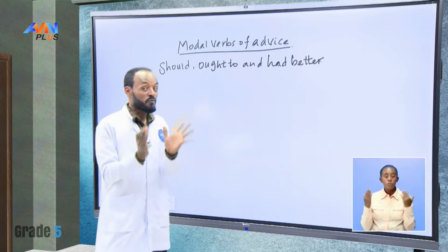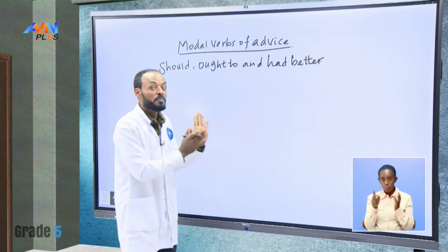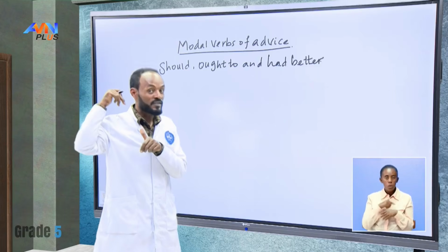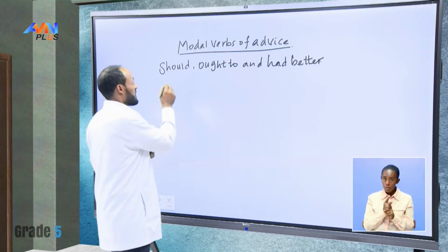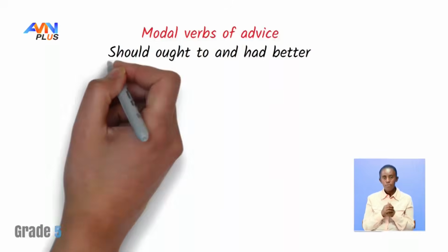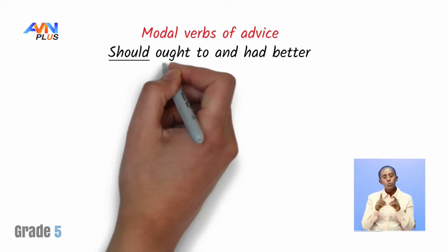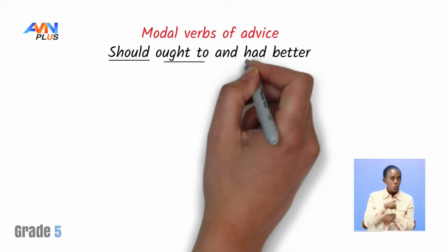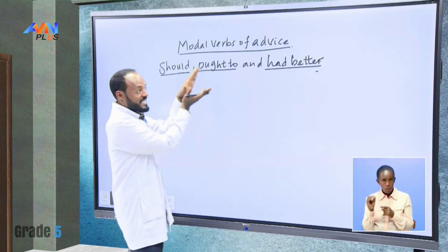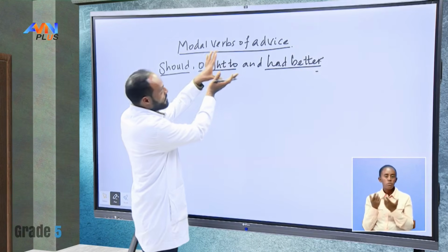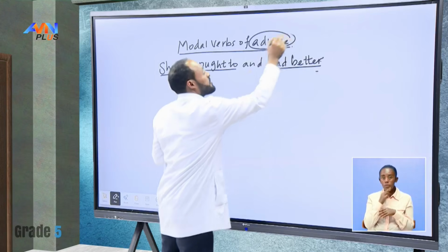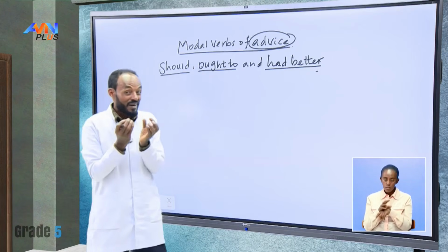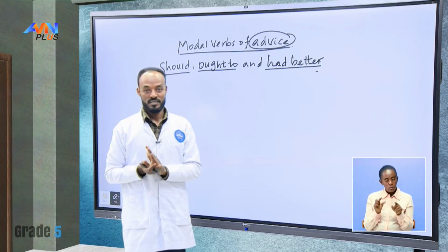I hope you have some information about this concept because we have learned it in the previous lesson. Am I right? Good. For example, when do we use should, ought to, and had better? As we just mentioned, we can use them to give what? Advice. But they have a slight difference.